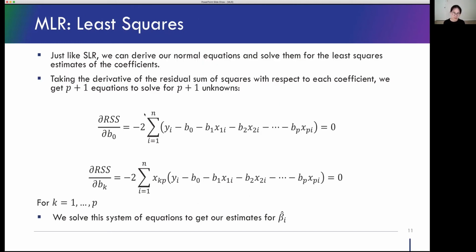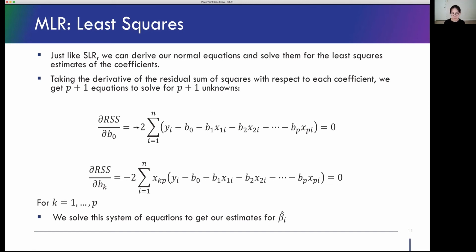And again, if we want to estimate the parameters, beta 0, beta 1, up to beta p, we again use least squares. It's very similar to before; you just have more terms here. We still get the residual sum of squares, RSS, and then we take derivatives with respect to each coefficient.